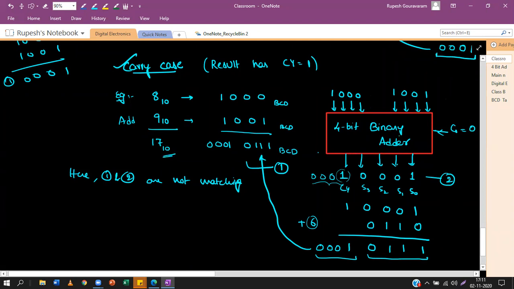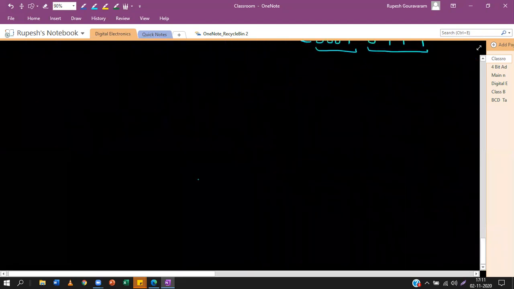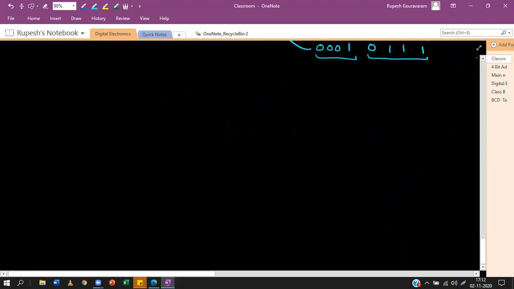So if a 4-bit binary adder has a carry of 1, then we add plus 6 to get the actual expected value. The upper value you have got is 1, and from the binary table you can see that this is 7.